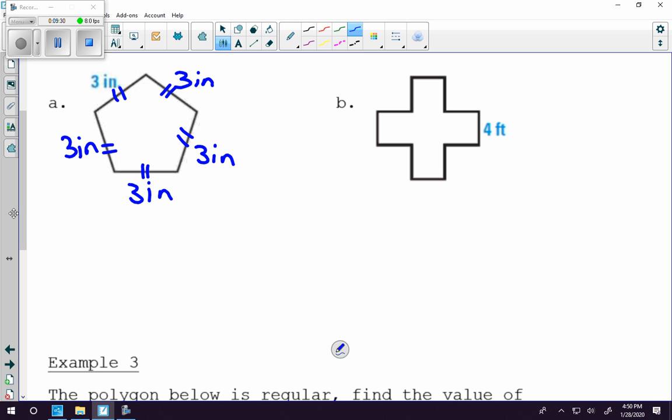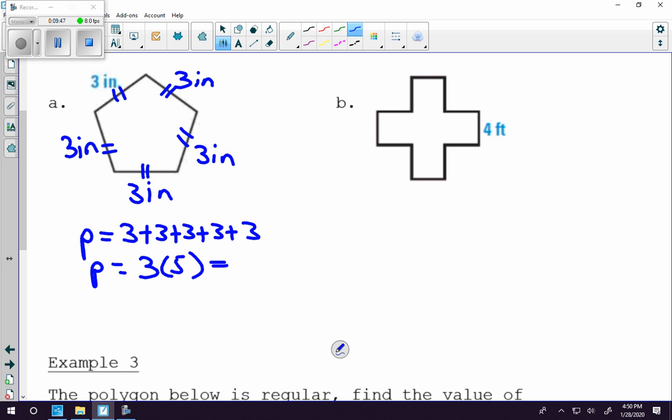This is actually a convex pentagon, by the way. So the perimeter is going to be 3 plus 3 plus 3 plus 3 plus 3. But if we really think about that, there's 5 sides, so we're talking about 3 times 5, which is 15 inches. So the perimeter around this convex pentagon is 15 inches in length.